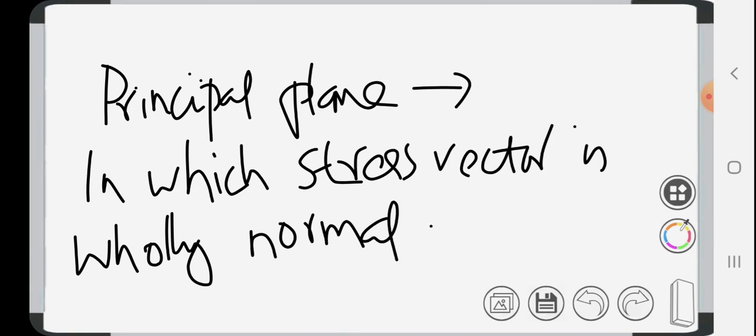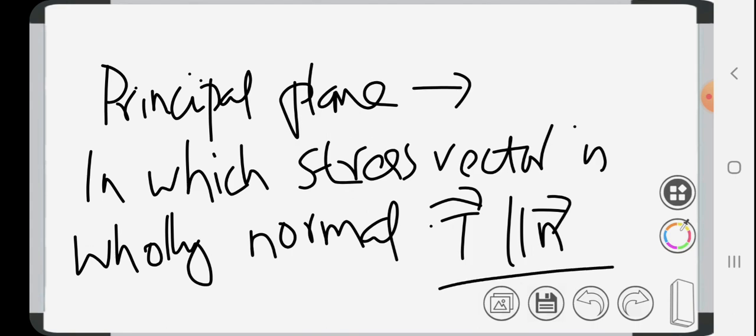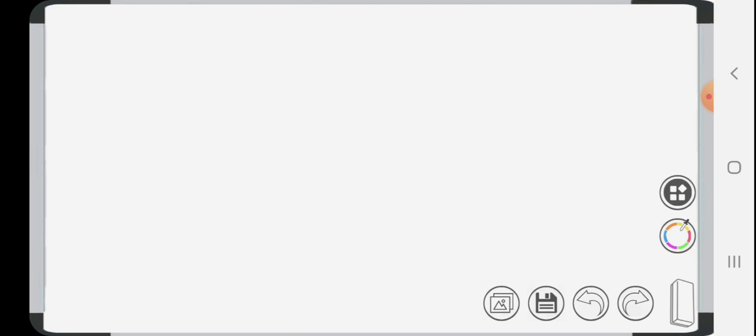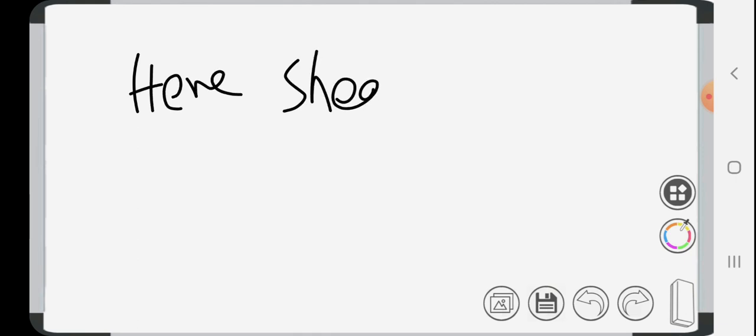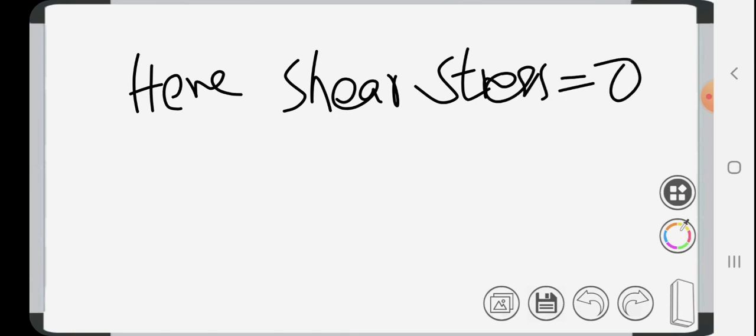The plane in which the stress vector is wholly normal means the t vector is parallel to the n vector. Such a plane is called a principal plane. What is the speciality of this plane? Here the shear stress will be 0. Why? Because it is wholly normal, so it won't have any shear component.